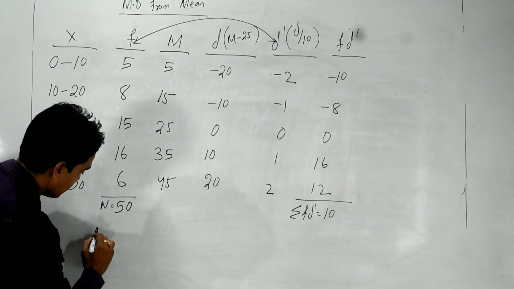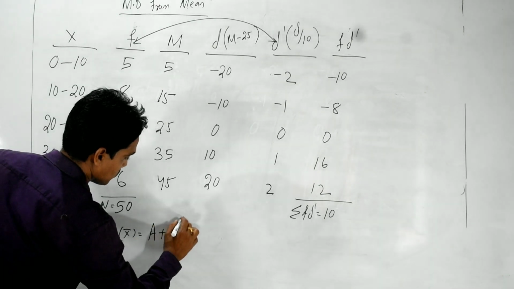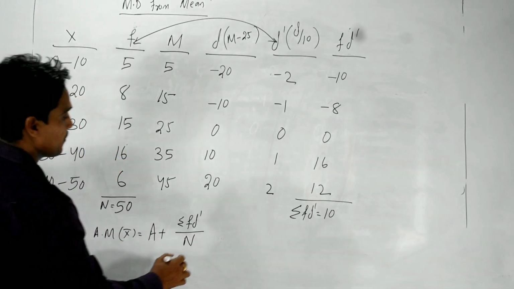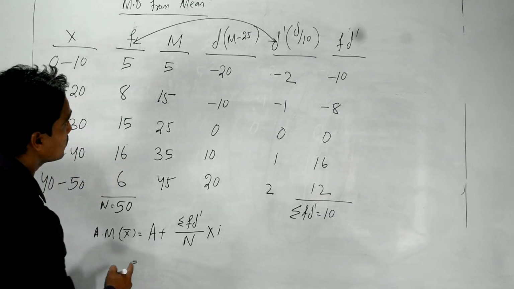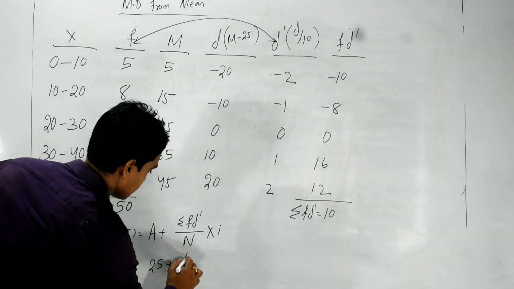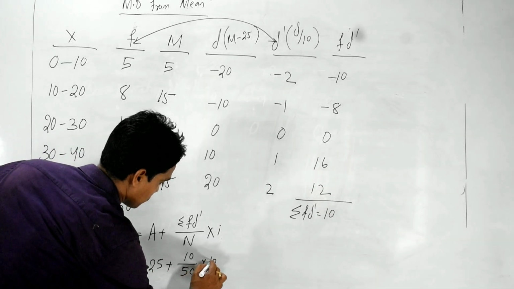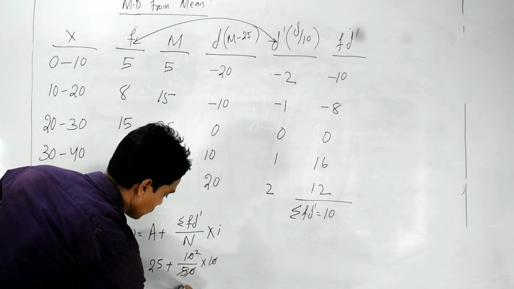So the arithmetic mean, x bar, equals A plus summation f d dash divided by n into I. Now put the values: A is 25, summation f d dash is 10, divided by n, 50, into I, 10. The zeros cancel, giving 2.